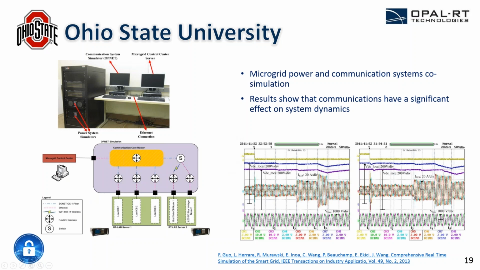And then when they actually do that, they find that, in fact, the response time of the whole control system is substantially larger and cannot be neglected. So this is the kind of study that we see as being important for non-malicious threats.